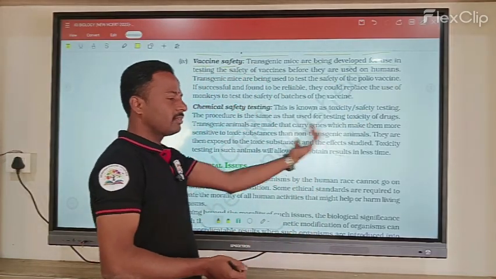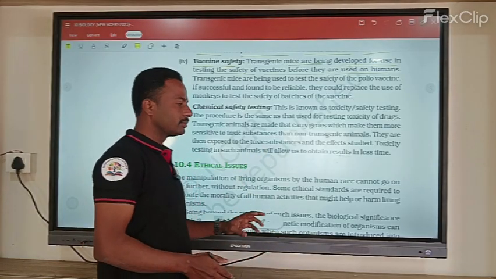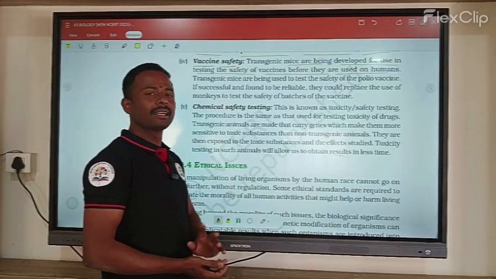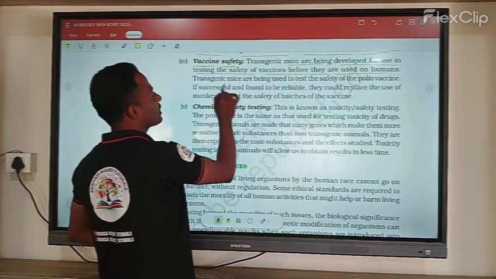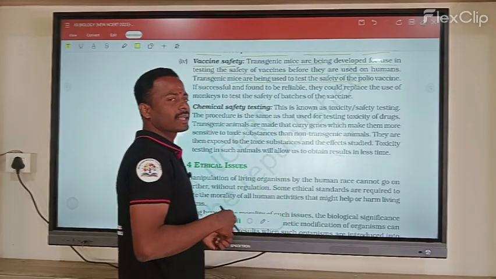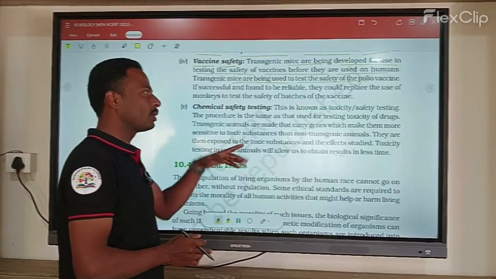Directly, we do not give vaccines to humans. First they go through clinical trials, and checking is very important. Transgenic mice were used to test the safety of the polio vaccine. Polio vaccine is not introduced directly into humans. First they did clinical trials in mice.